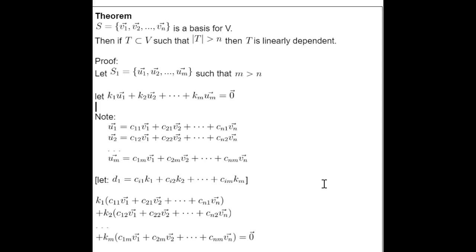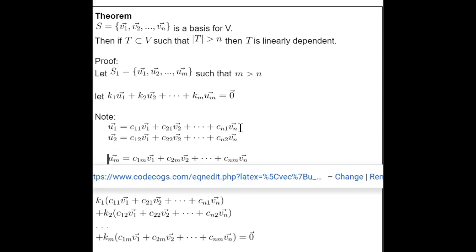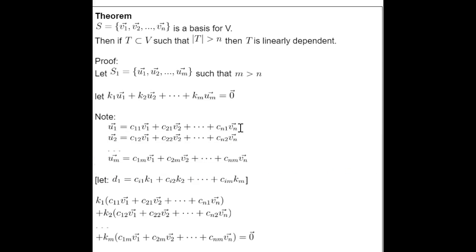The things that are in S1 are also in the vector space, so they all are a linear combination of the things in S. So this is what we state here. U1 is a linear combination of all the V's. U2 is a linear combination of all the V's. Um is a linear combination of all the V's. Okay, that's going to get interesting.